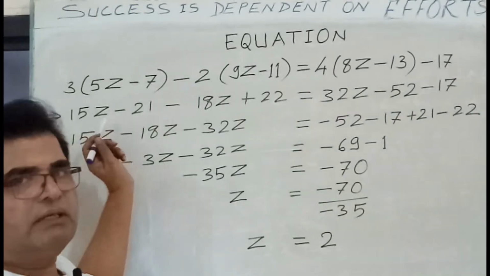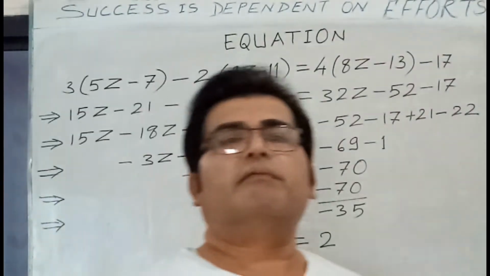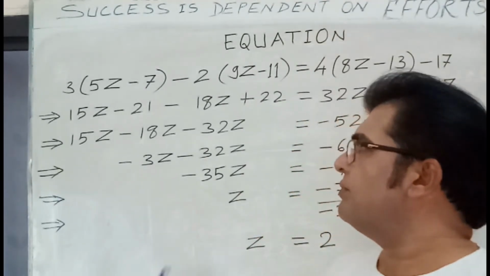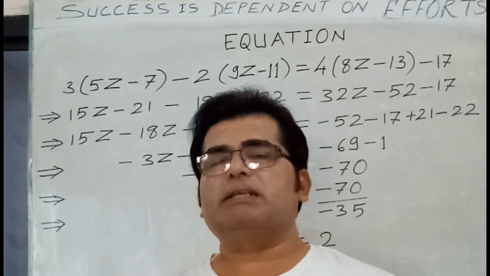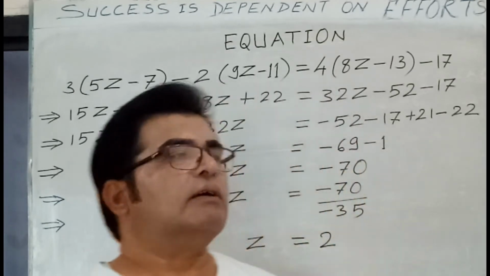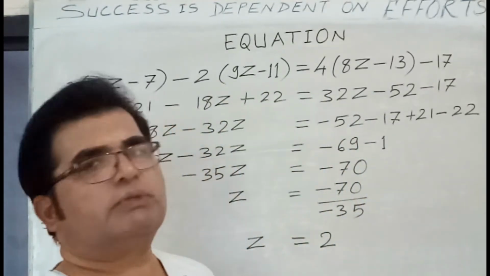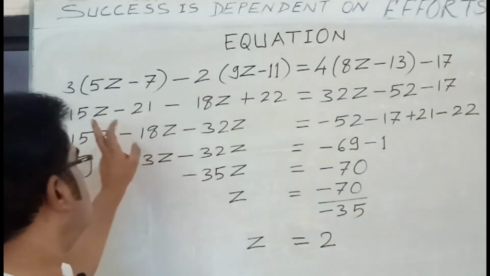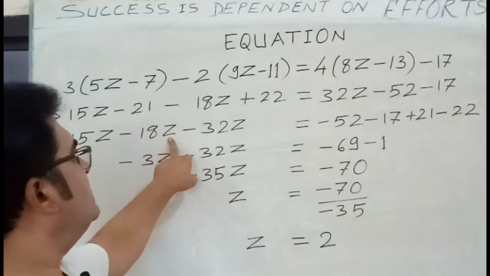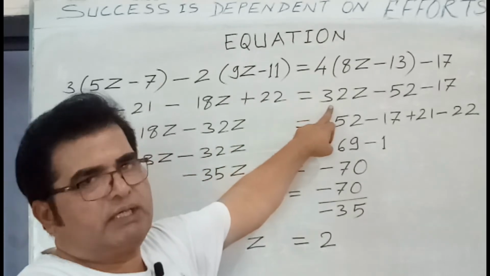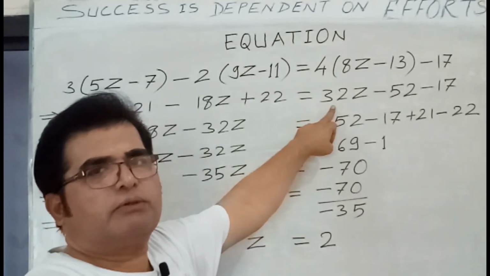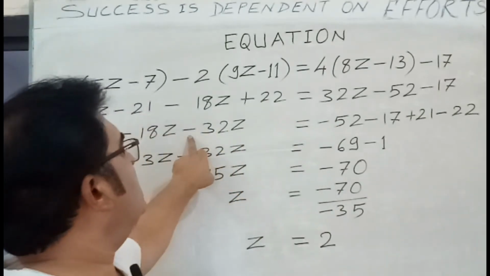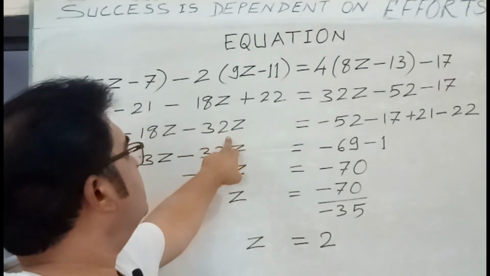you have to see the terms which are having variables. The terms which are having variable, you transpose them to LHS, and the numerals you transpose to RHS. So in LHS 15z minus 18z minus 32z. 32z is positive, so when we transpose to LHS it becomes negative 32z.